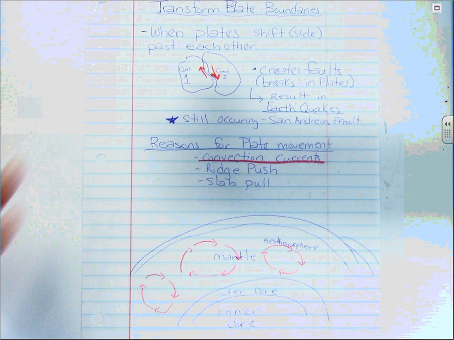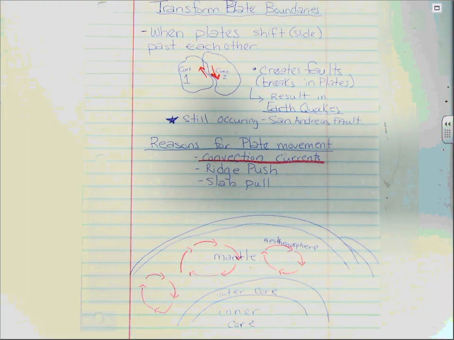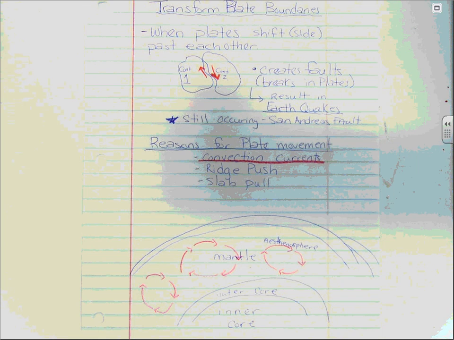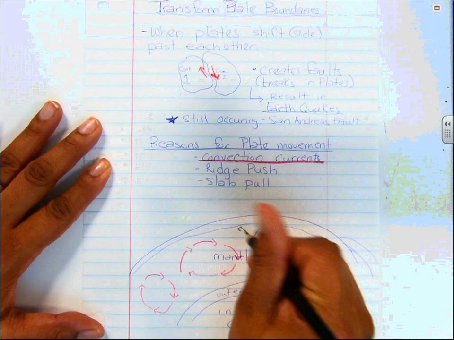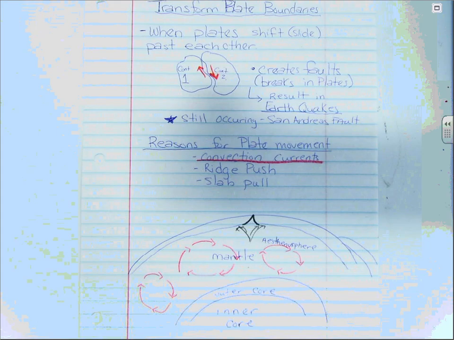Then when this lava is moving around, it's going to open up, and when it opens up, it's going to create this little thing, which is called a ridge, because it's going to open up and push that stuff together so that you're going to have a little ridge there.